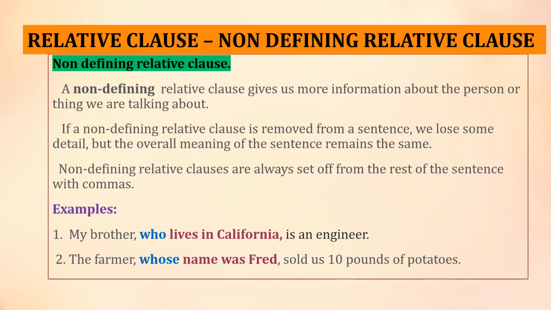If this is removed from the sentence, the remaining sentence gives its meaning: the farmer sold us 10 pounds of potatoes. Thus, non-defining relative clauses will make sense if the relative clause is removed from them, and the subject is separated with a comma or a hyphen.